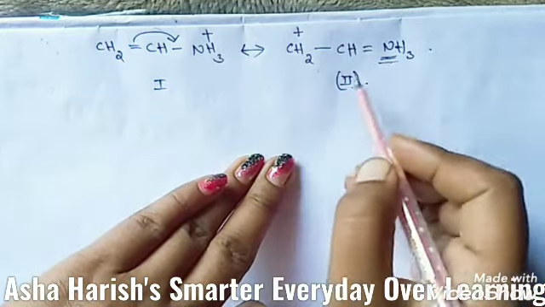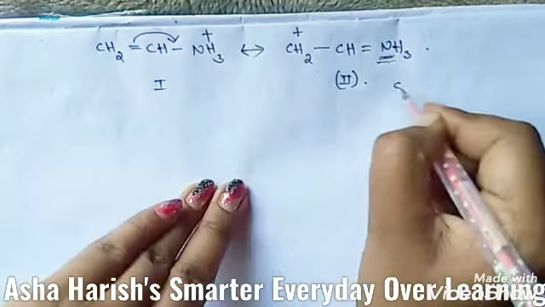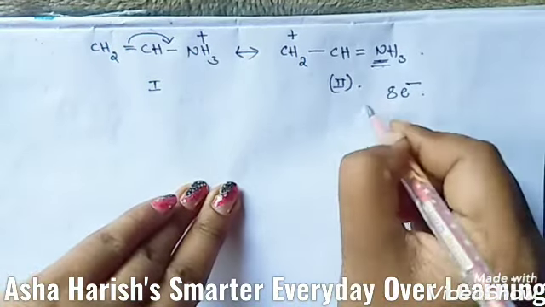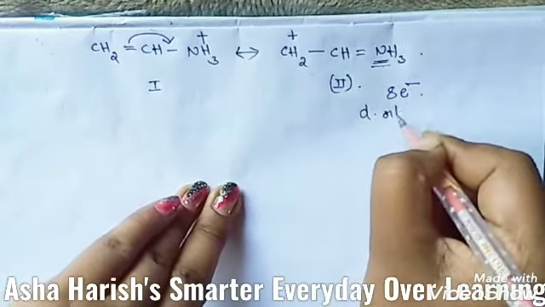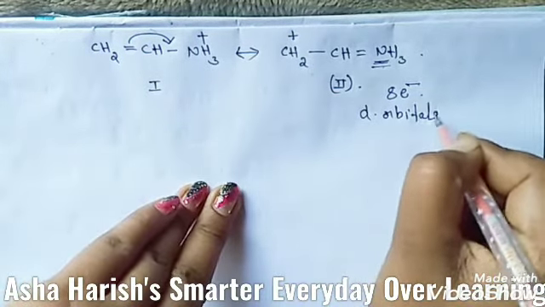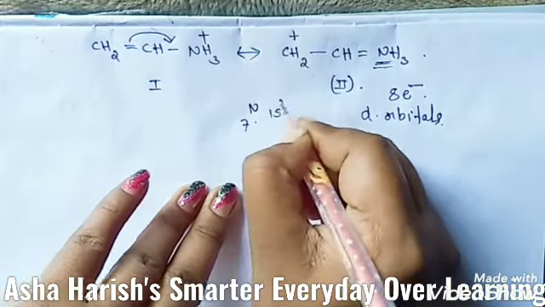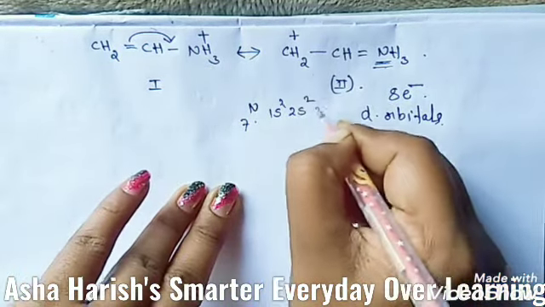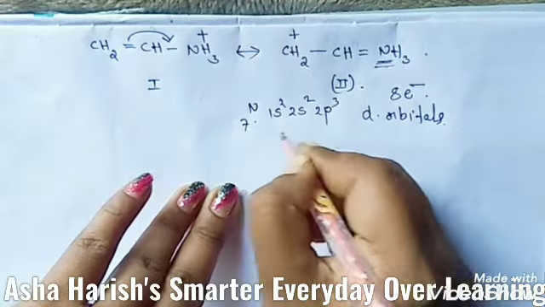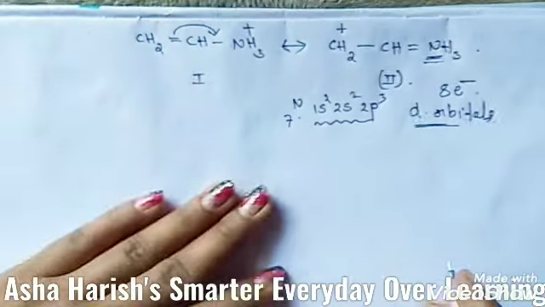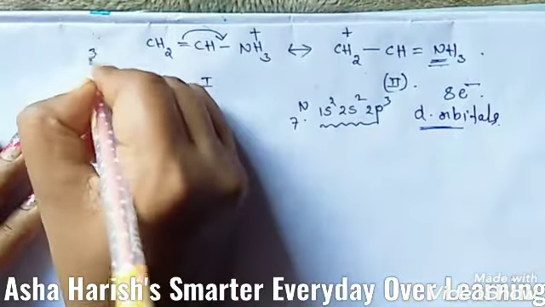In other words, nitrogen can't have more than 8 electrons because it does not have d orbitals. Nitrogen is 7: 1s2, 2s2, only 2p3. It doesn't have d orbitals.